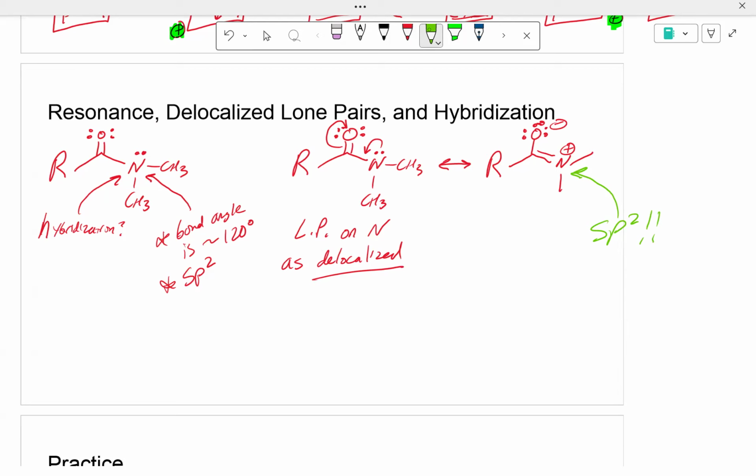In fact, if I were to put an example like this on an exam and ask you, what's the hybridization of the nitrogen? You would be incorrect in saying it's sp3, but because of resonance, the correct hybridization of that nitrogen is sp2. Now let's look at a little bit more of an orbital explanation for this.